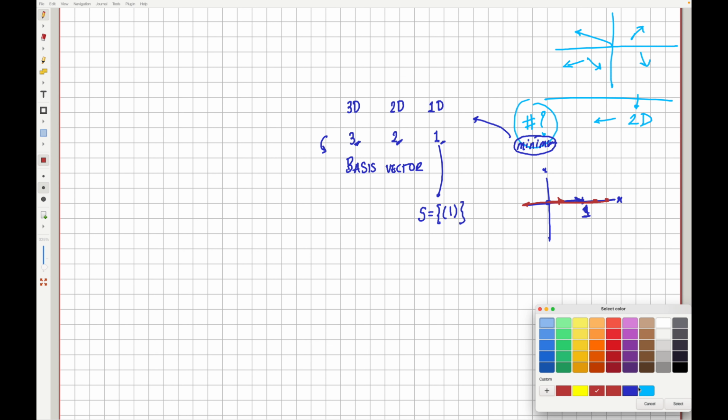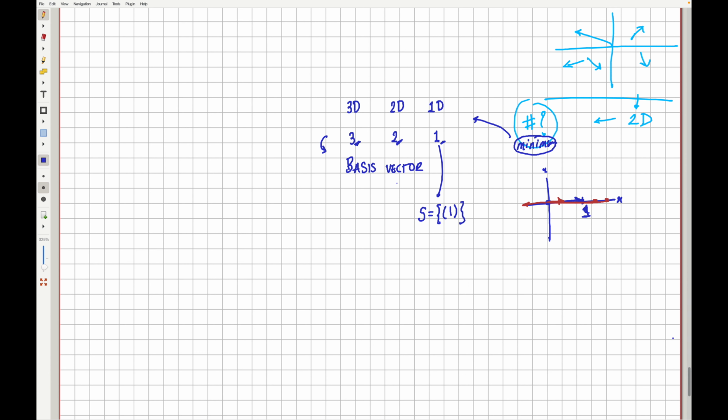What happens if we talk about 2D space? In 2D space, let's say our set of basis vectors is this. This is one vector, and then we have a second vector that looks like this.